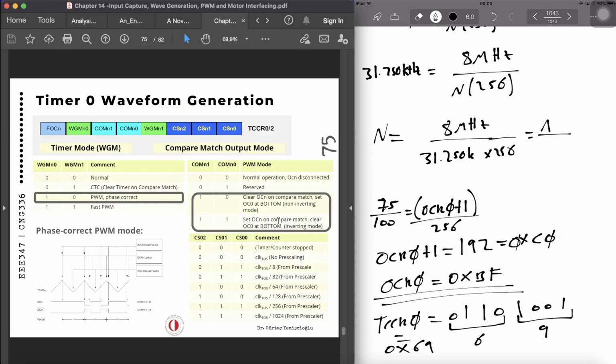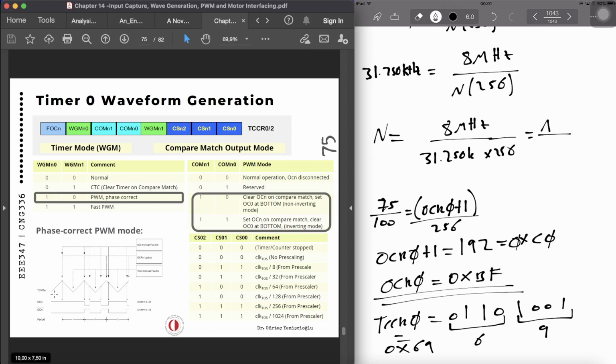So if we look at this configuration where we have got phase correct PWM, again, clear OCn on compare match, set OC0 at bottom, or counting down, let's say in this case, and counting up and counting down.